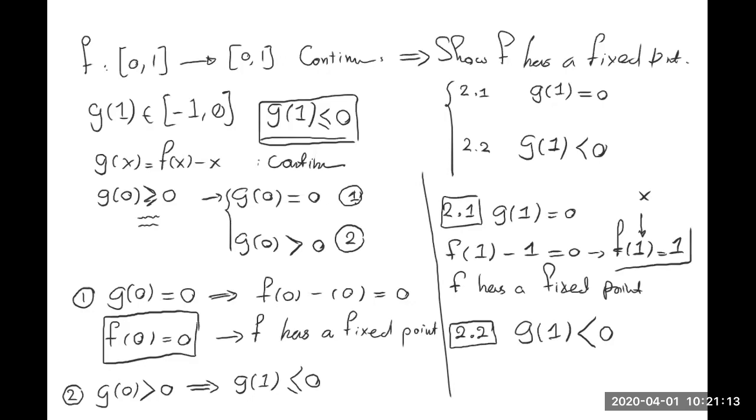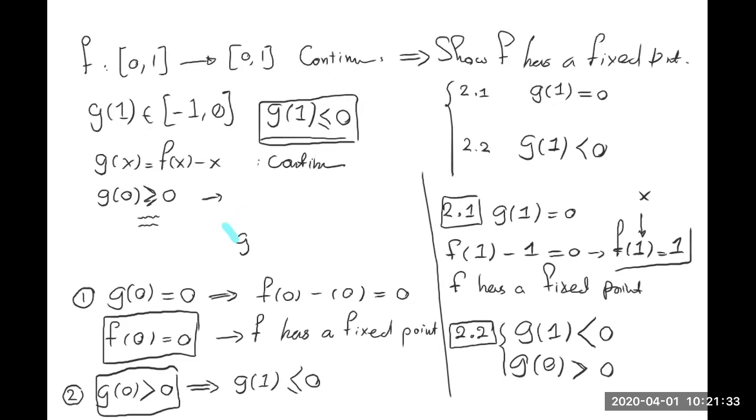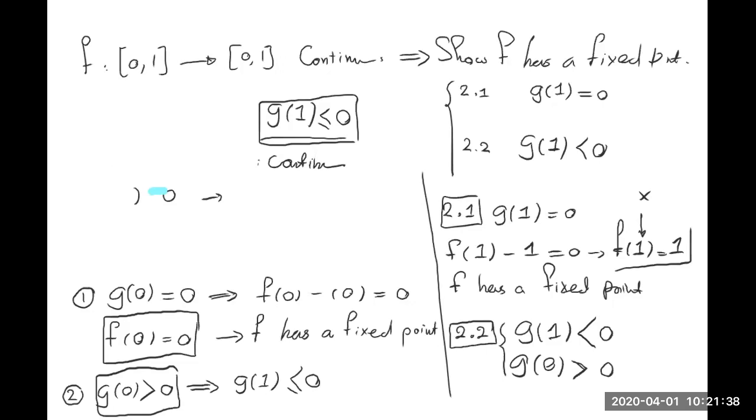Okay, so case 2.2 means we have this assumption here: g of 0 is strictly positive and g of 1 is strictly negative. This is the only remaining case. If we show the function f has a fixed point in this case too, we have shown f has a fixed point in every case. Therefore, f always has a fixed point.